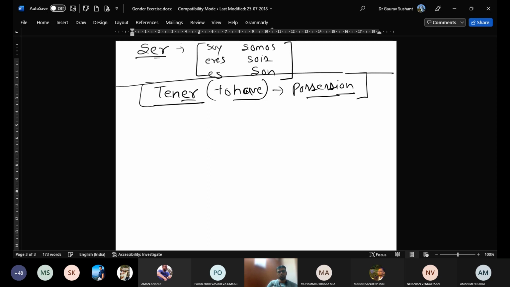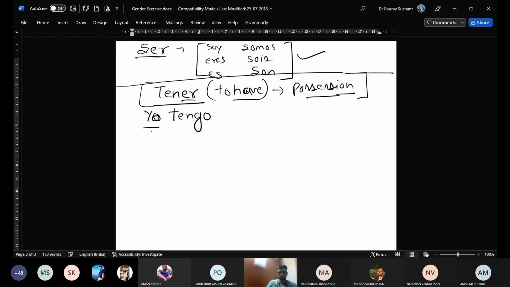So how do we use it? The rules are pretty much the same as what we used with the verb ser, which means there will be 6 different forms of tener with 6 different subjects. You have seen already, first was yo, which is I. With the pronoun yo, the verb form tener becomes tengo.